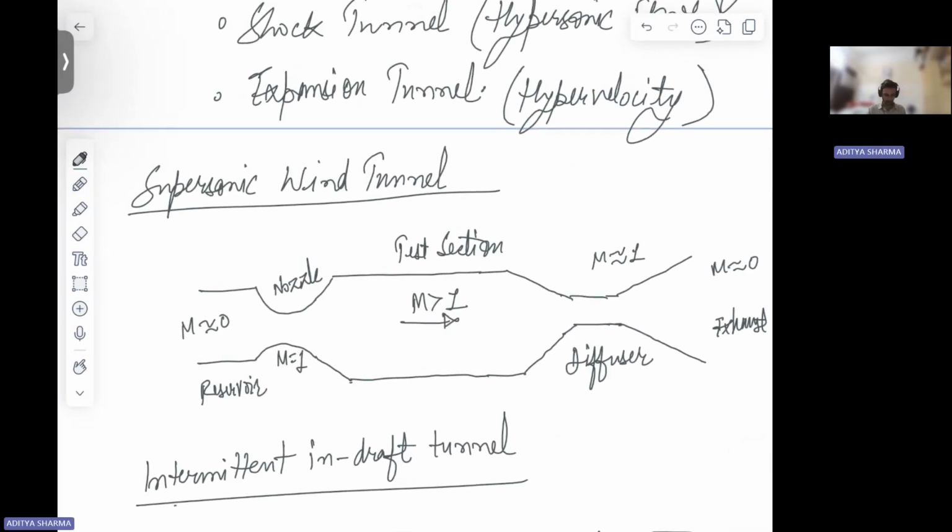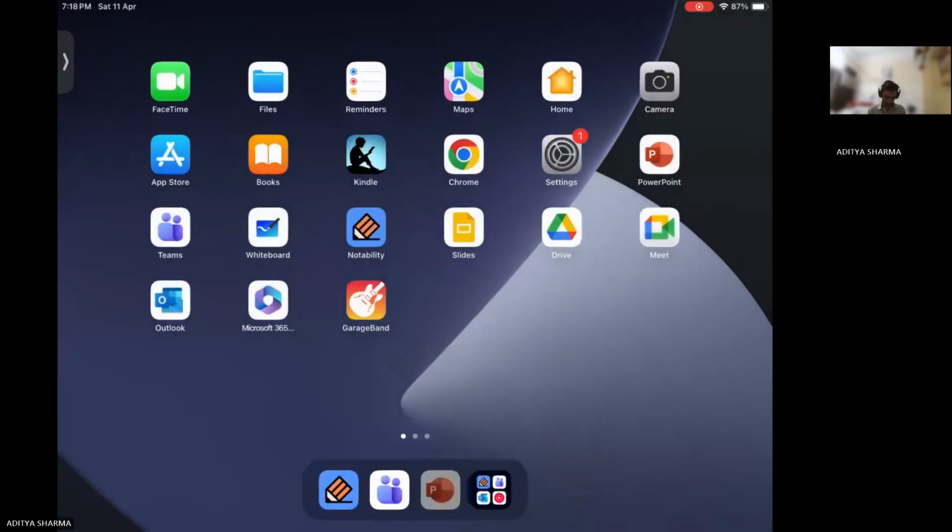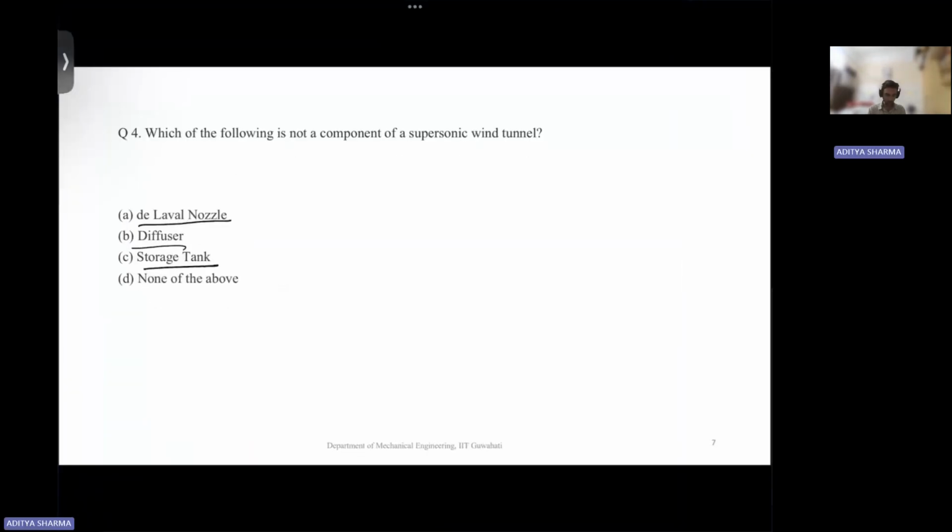So you have a reservoir, which we can call as storage tank. Okay. Then we have a CD nozzle, which we can call D level nozzle. Right? Then we have diffuser also here. So question says that which of the following is not a component of supersonic wind tunnel.